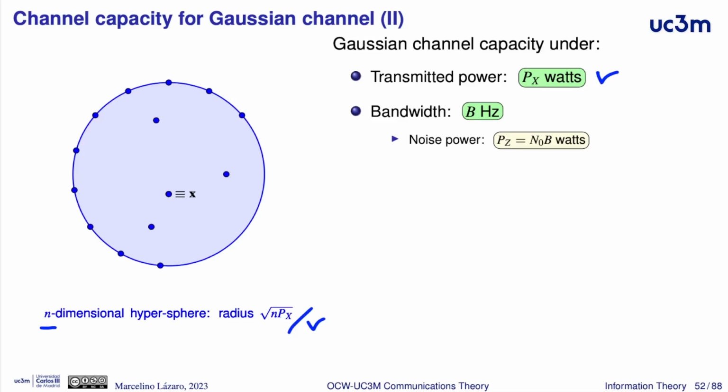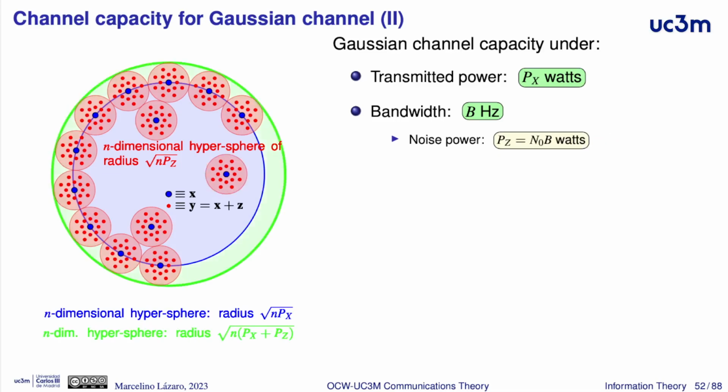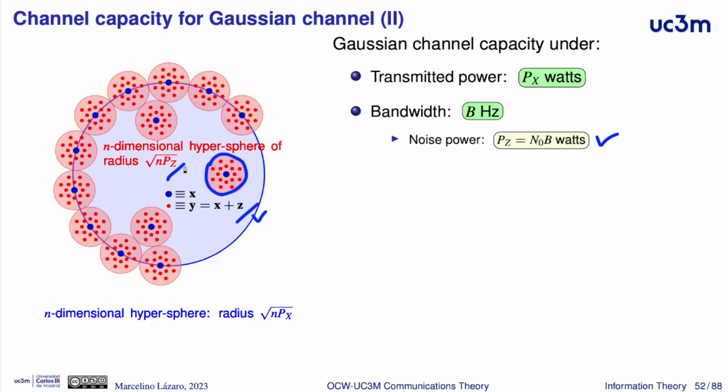Now, during the transmission, noise will be added to every set of n samples of the signal, and the noise will be around the corresponding representation of the signal, and the noise power limits the separation with respect to x to a hypersphere whose radius is the square root of n times the noise power.